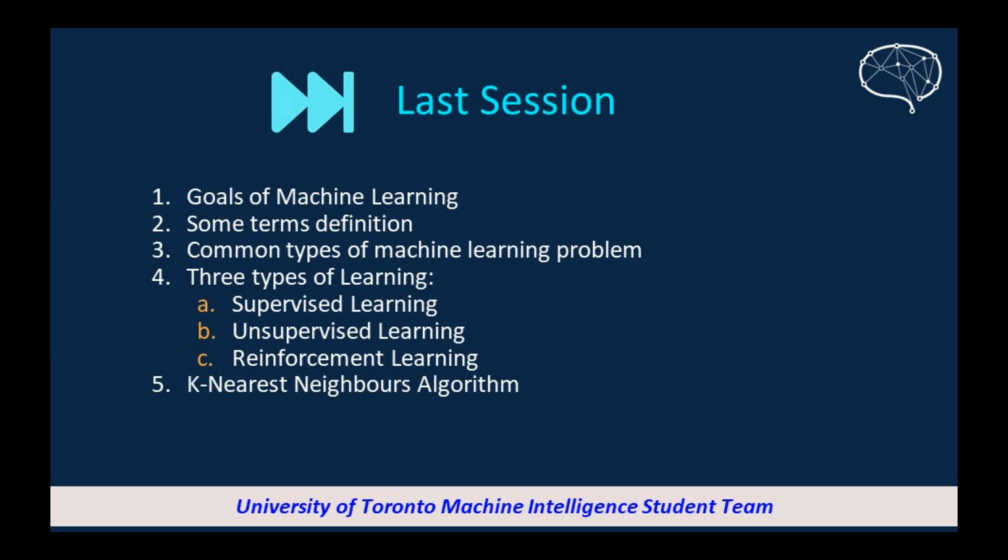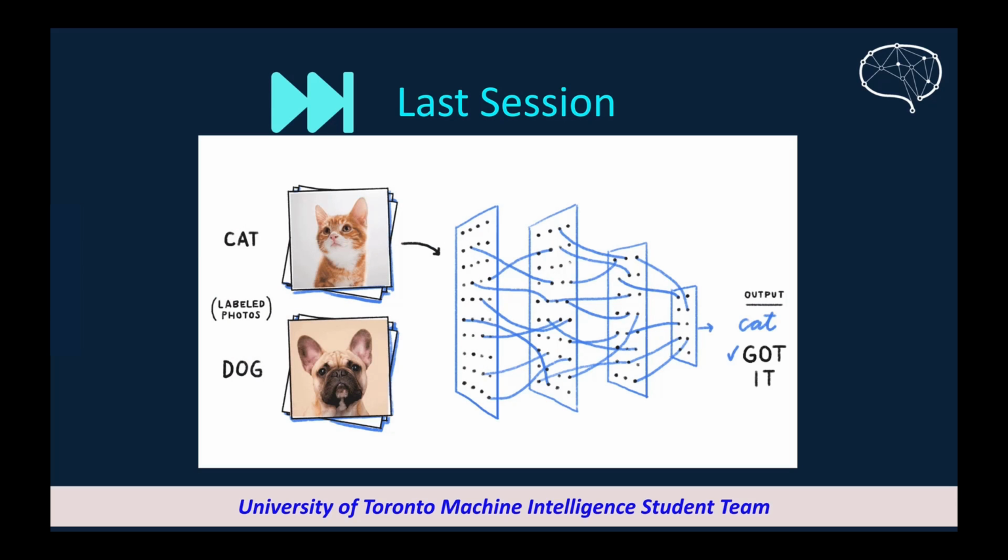So let me just give you a recap of what supervised learning is. Supervised learning is basically learning via some labeled photos or items that have been fed into the system. So if you look at the example here, a cat's photo is sent as an input to the machine, and now the machine has to figure out what the input is so that it gives that type of output.